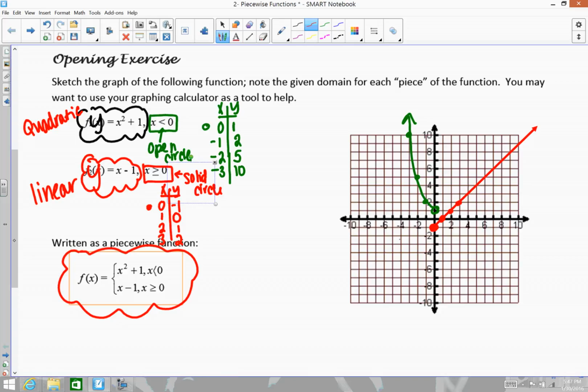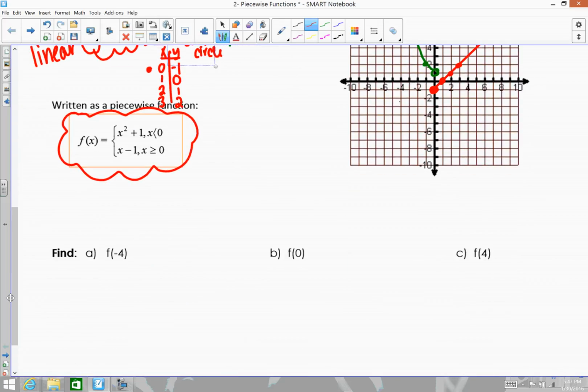Now, when it comes to evaluating these, which is the next part, meaning f of negative 4, remember this means that negative 4 is the input. You want to find the output. Well, when it's a piecewise function, you're going to have to look at where does negative 4 fall? Does it fall in the first equation or into the second equation? So if I'm looking at negative 4, is it less than 0 or is it greater than 0?